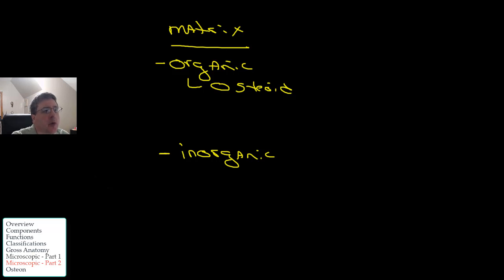Now, the osteoid is actually made up of basically three different things. We're going to have the collagen fibers, and then we're also going to have the proteoglycans, P-R-O-T-E-O, proteoglycans and glycoproteins, G-L-Y-C-O.